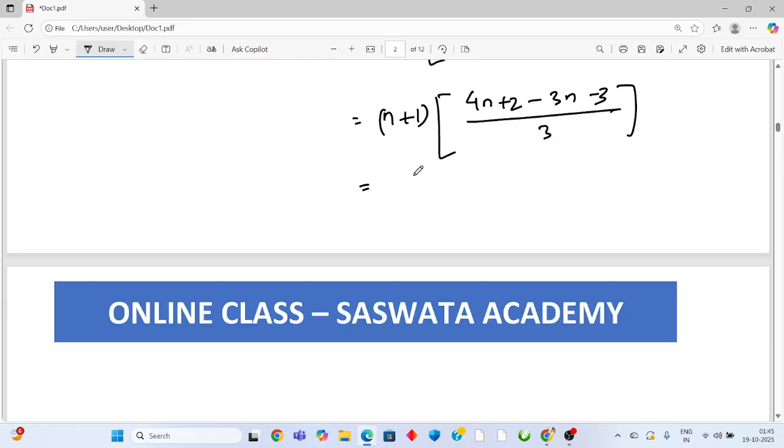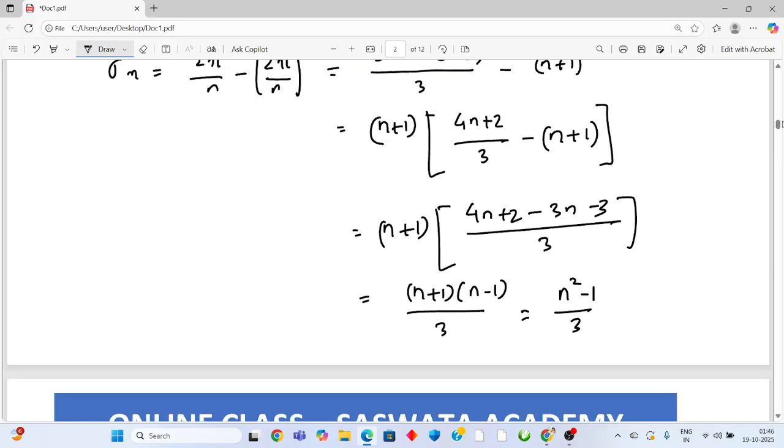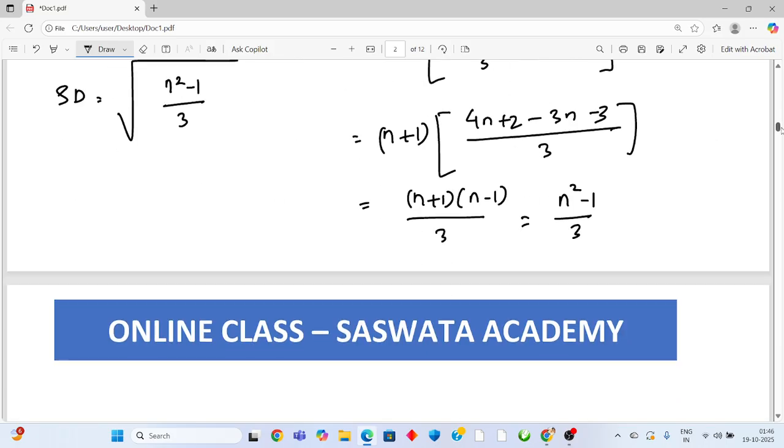So basically this is (n plus 1)(n minus 1) by 3. So this is n square minus 1 by 3. Therefore, if variance is this, then standard deviation will be square root of n square minus 1 by 3.